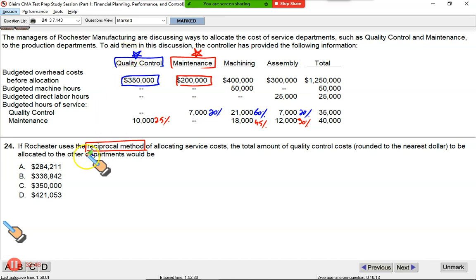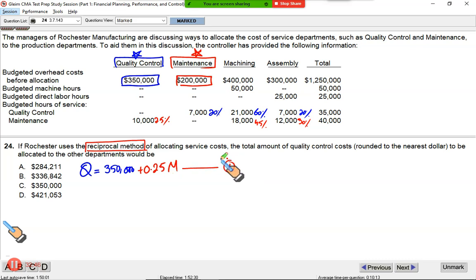Quality control has a total cost of 350,000 of its own, plus it contains 25% services of maintenance. I'm going to write 25% as 0.25 M, 25% of maintenance. This is my beautiful equation, equation number 1.